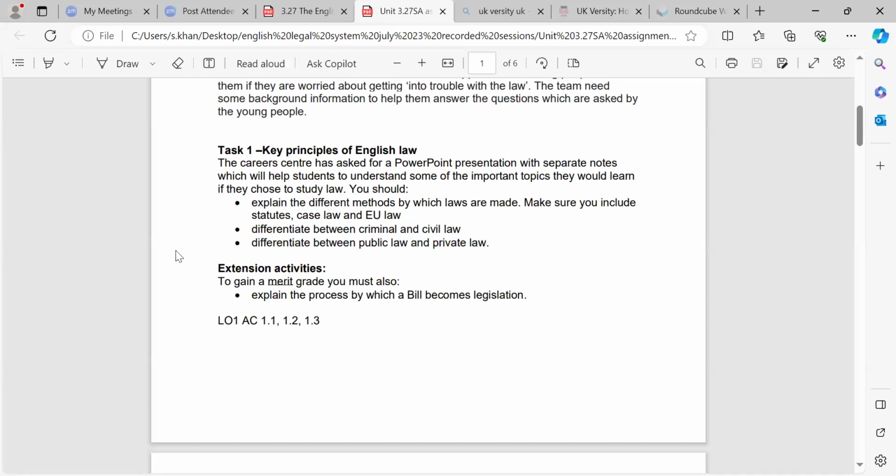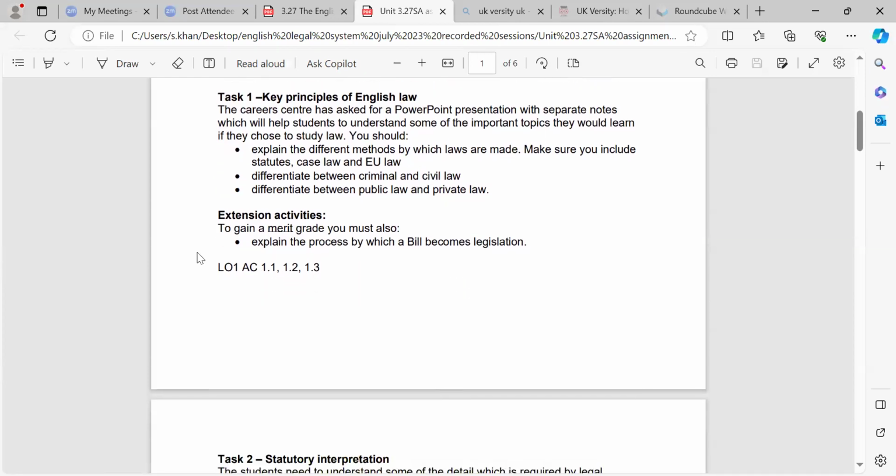Now, if you want to do extension activities to gain a merit, you would have to complete this task, which is to explain the process by which a bill becomes legislation.